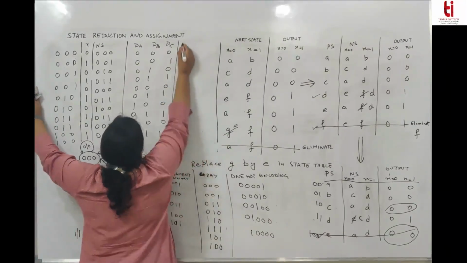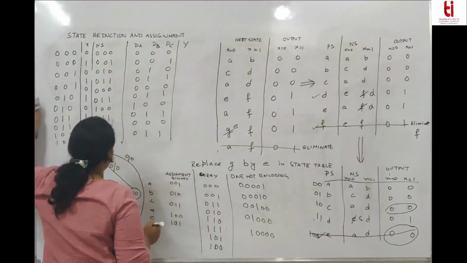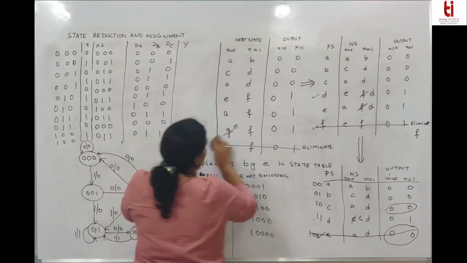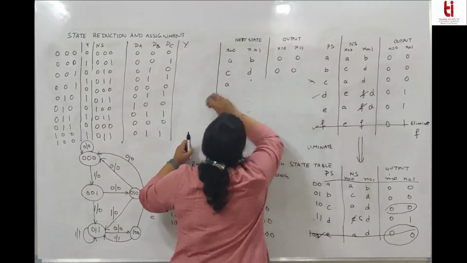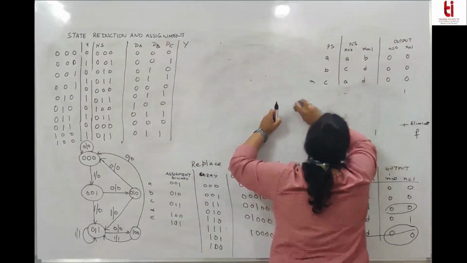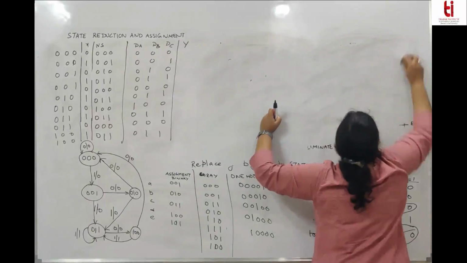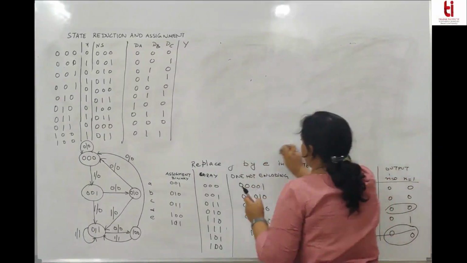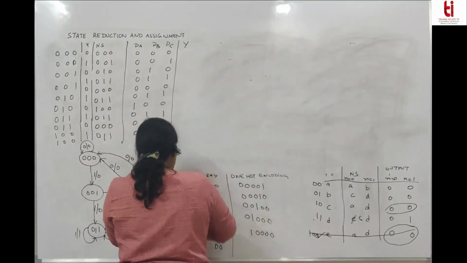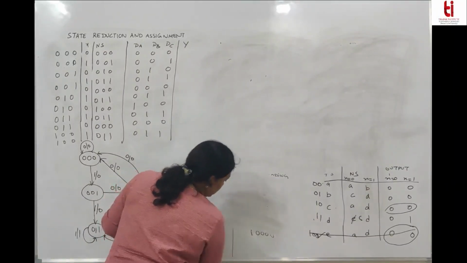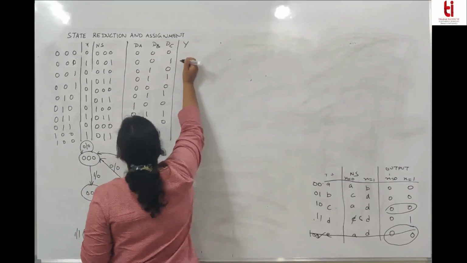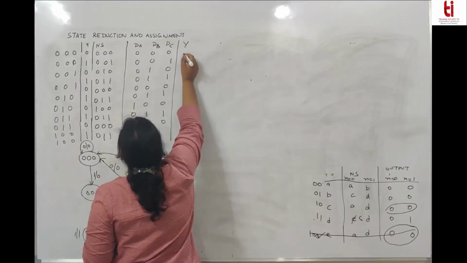So what is Y? I want to draw the circuit for this. What is Y? I want to write it down. Let me get some space. What is the value of this Y output?